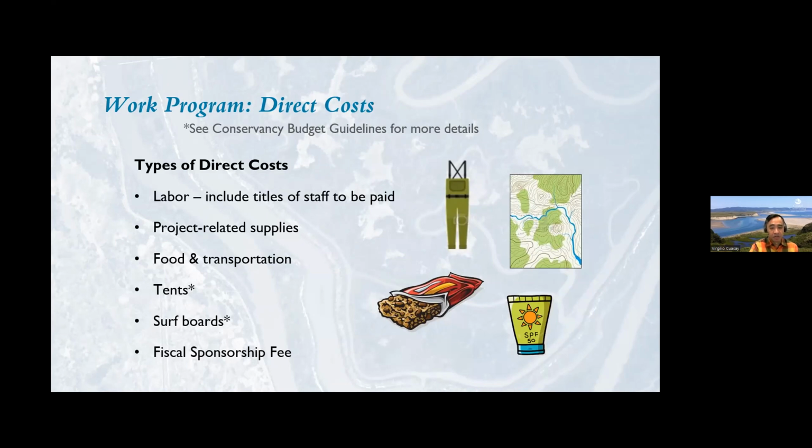As far as materials and equipment go, they're project-specific materials and equipment, things like tents, surfboards, maps, things of that sort. Fiscal sponsorship fee, if you'll be using one, and travel.